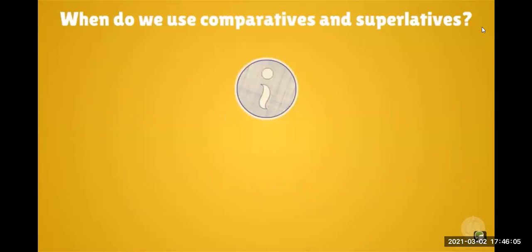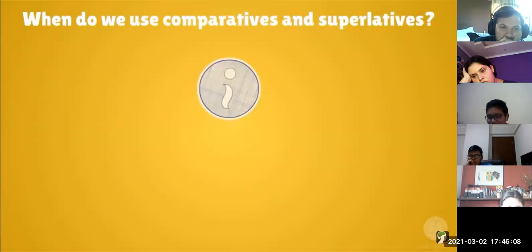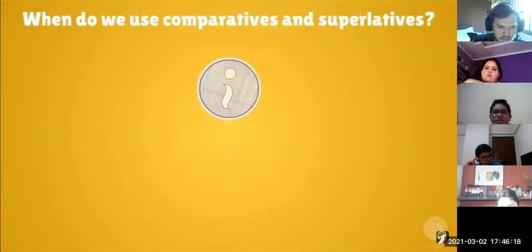When do we use this? Comparatives and superlatives adjectives. What do you remember from level? I guess you learned this on level 3. Then you repeat this on level 5, on level 8.